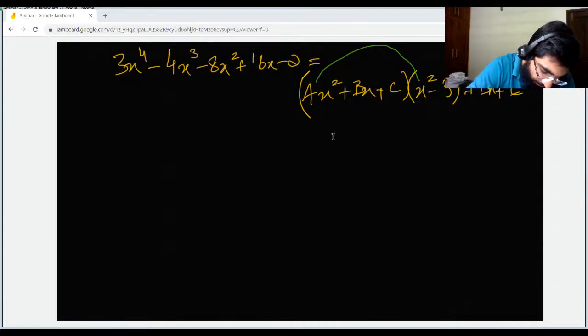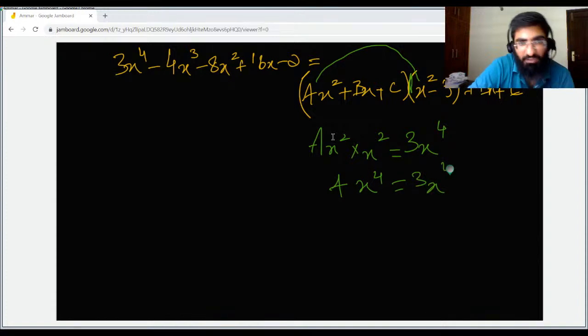Since here I've got 1 and here I've got a, if I multiply ax squared with x squared, what do I get? 3x raised to the power 4, or ax raised to the power 4. So by comparison, a is 3.